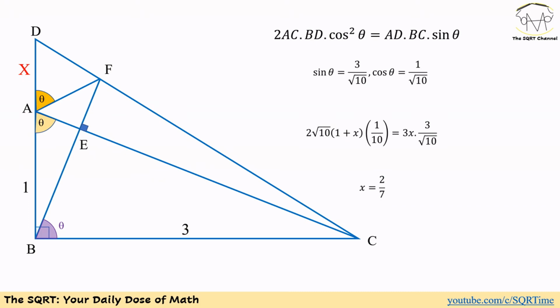On the other side we have AD, that's x. We have BC, which is 3, and we have sine of theta, which is 3 over the square root of 10. At the end we have 2 times the square root of 10 times 1 plus x times 1 over 10 is equal to 3 times x times 3 over the square root of 10. If you simplify it, you can verify that x is equal to 2 over 7 is the answer.